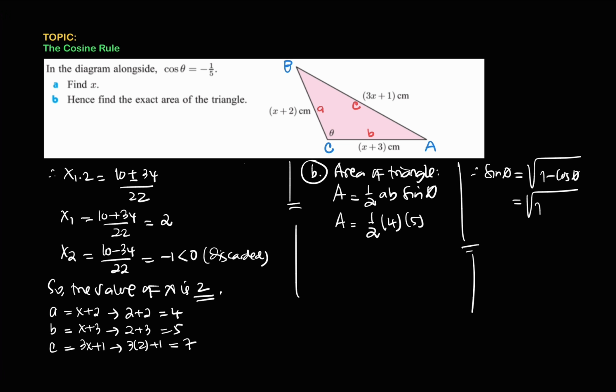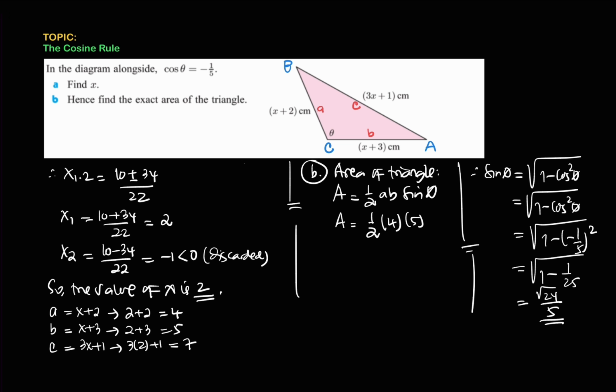So cos squared theta equals 1 minus 1/25, so that's the square root of 24 over 5.